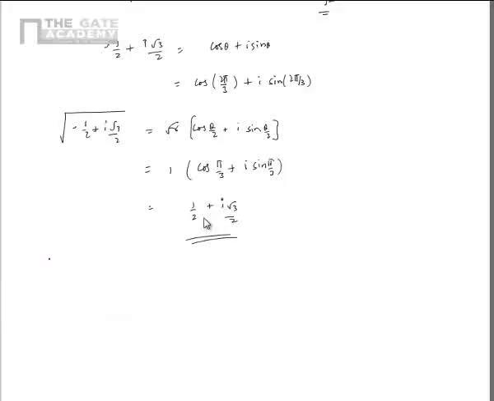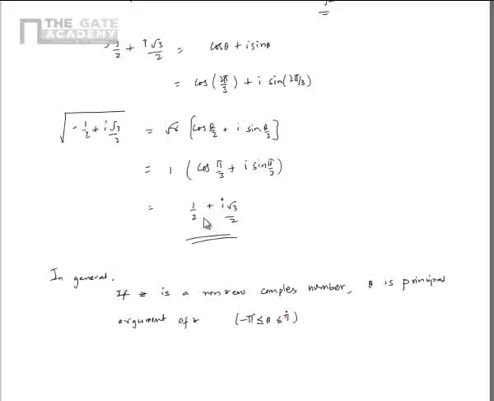Okay, so in general, there's a statement coming here: if z is a non-zero complex number and theta is the principal argument, which means restricting theta to be in the interval minus pi to pi, so theta is the principal argument of z, that is theta lying here, then the nth root of z can be written in this way: modulus to the power 1 by n, times cos theta by n plus I sin theta by n.